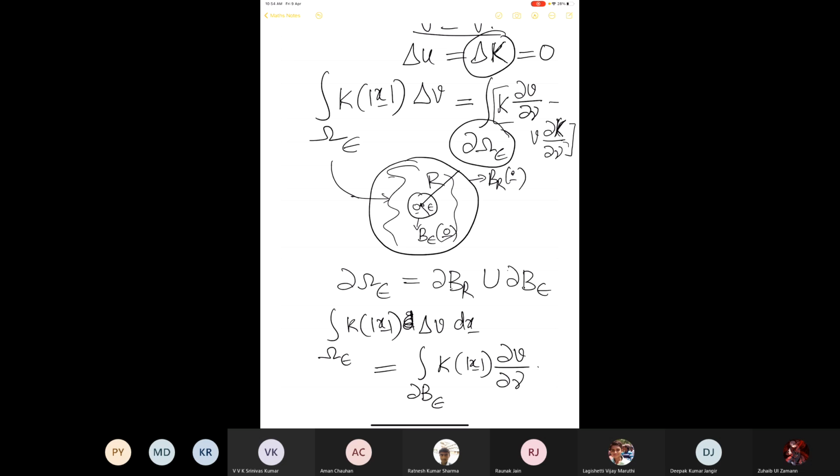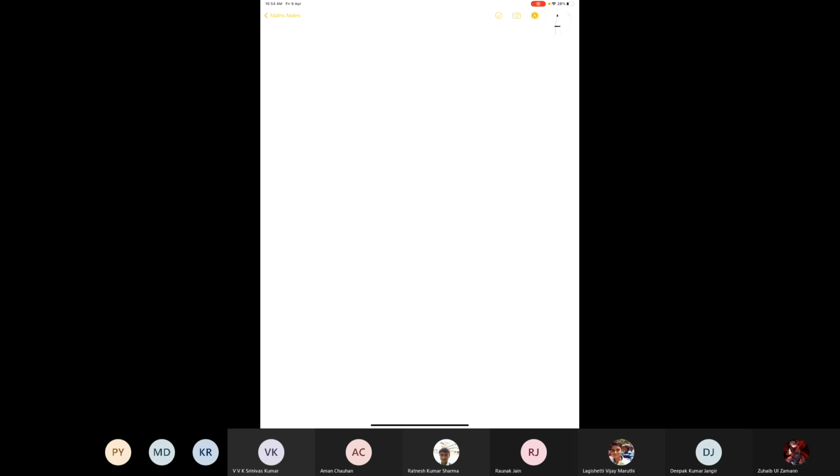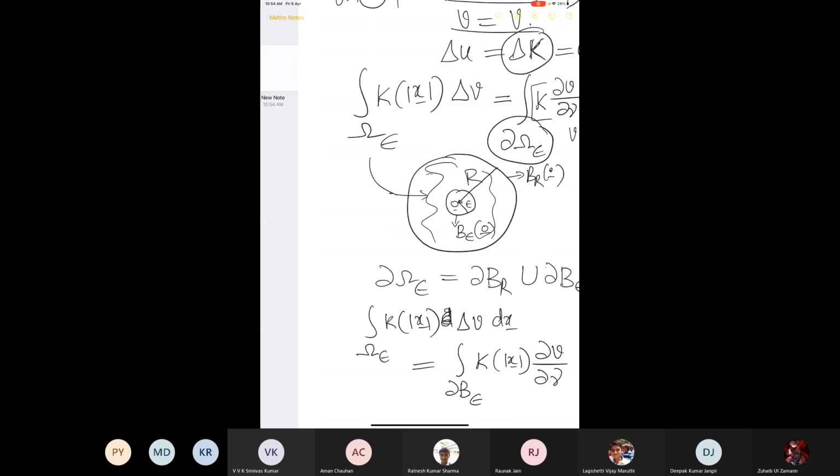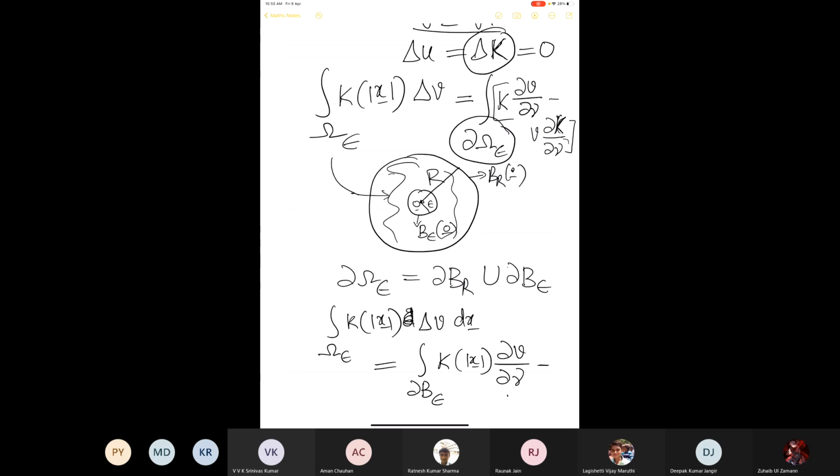The term with V times del K upon del nu will also remain, but on this boundary, what is B_R? The boundary of B_R is mod x equal to R. On mod x equal to R, V is identically 0.